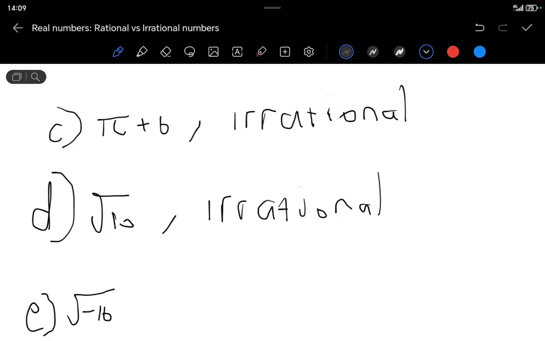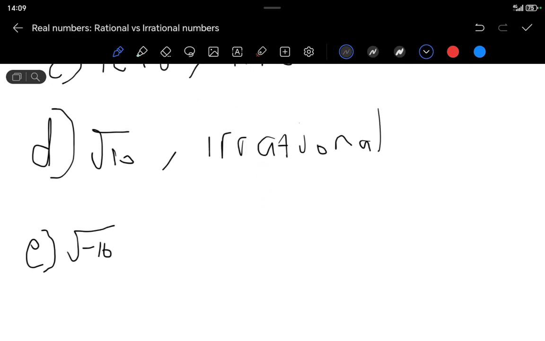It's a non-terminating decimal, and there is no pattern that forms. That makes it irrational, meaning it cannot be expressed in the form A over B. We did explain this in the other videos. You can go check them out.